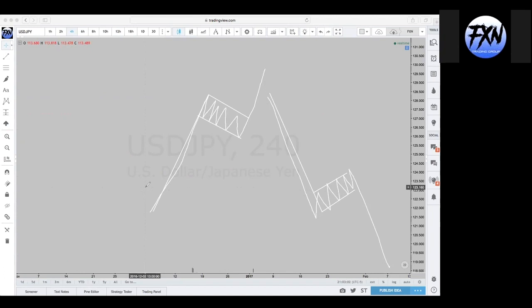Okay, so these flags, you basically see them from downtrends or from uptrends. The easiest way to identify them is you have an uptrend, the uptrend takes a rest, and it starts to consolidate, but it starts to consolidate going down like this. So it's not like it does this and consolidates sideways.